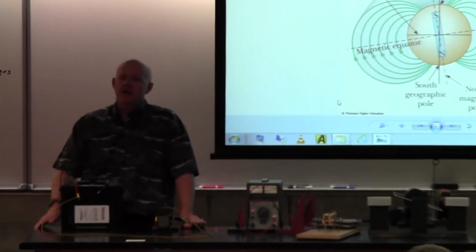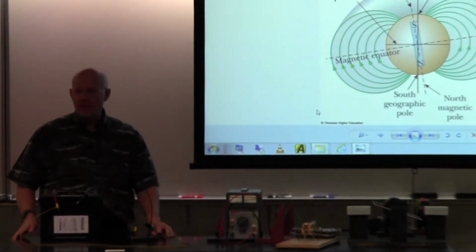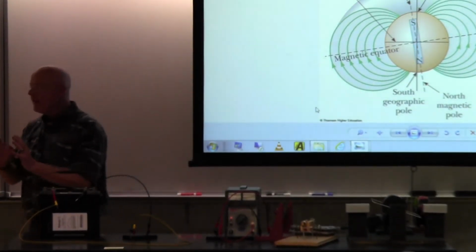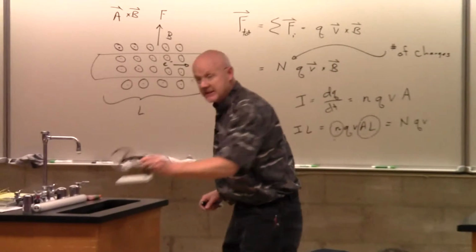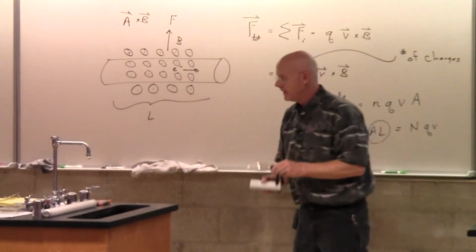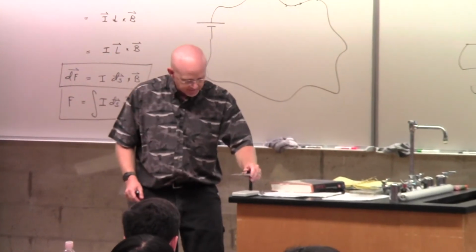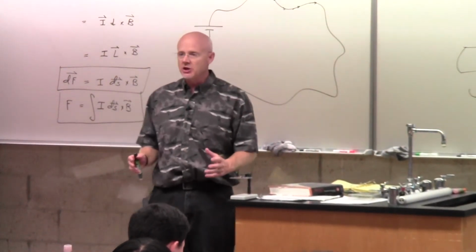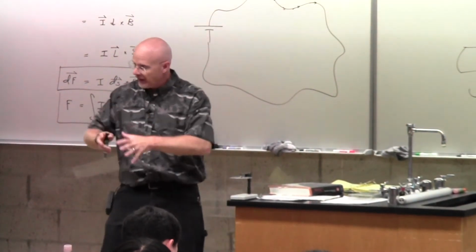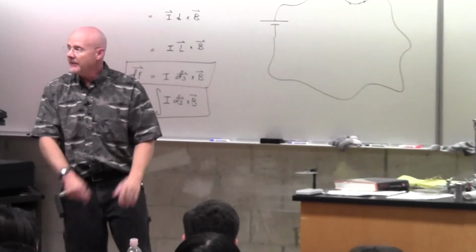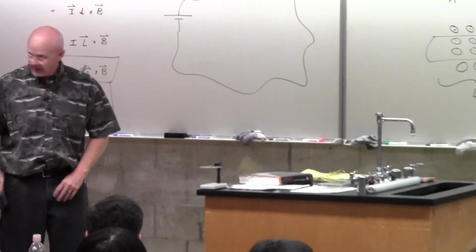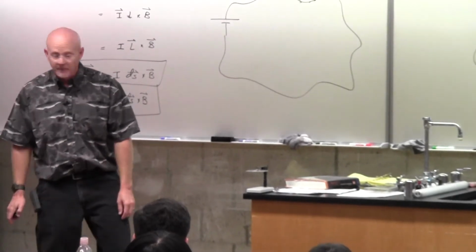So let's take a moment here and talk about what's going on with the Earth. The way we began this whole chapter was to simply take a compass, set it on the corner of this desk, and say, what's our definition of a north-seeking pole on a compass? Well, the side that points north.